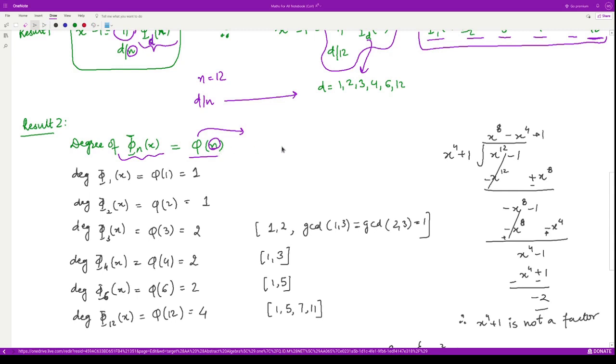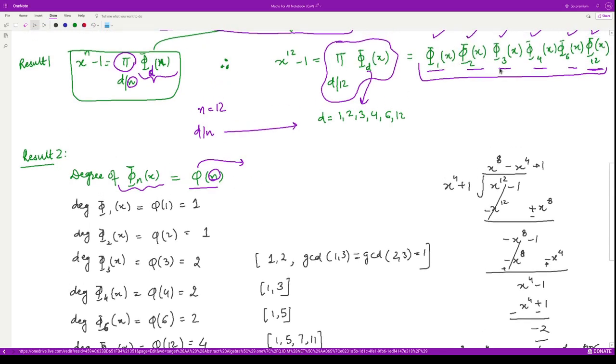So now we have this with us: phi 1 of x, phi 2 of x, phi 3 of x, phi 4 of x, phi 6 of x and phi 12 of x. So the degree of phi 1 of x would be phi of 1, and phi of 1 is basically 1. So basically you are looking for all the numbers which are relatively prime to 1. Here in case of 1 we have only 1, so the number would be 1.